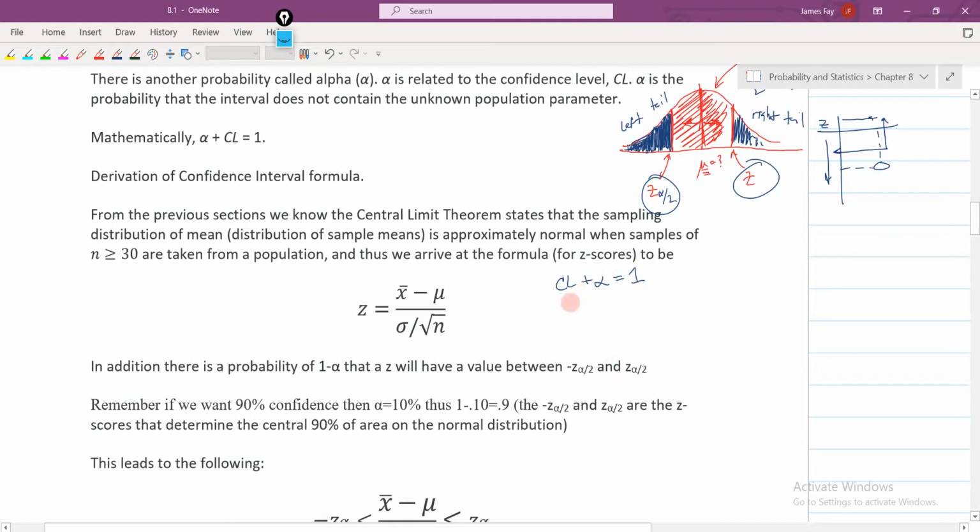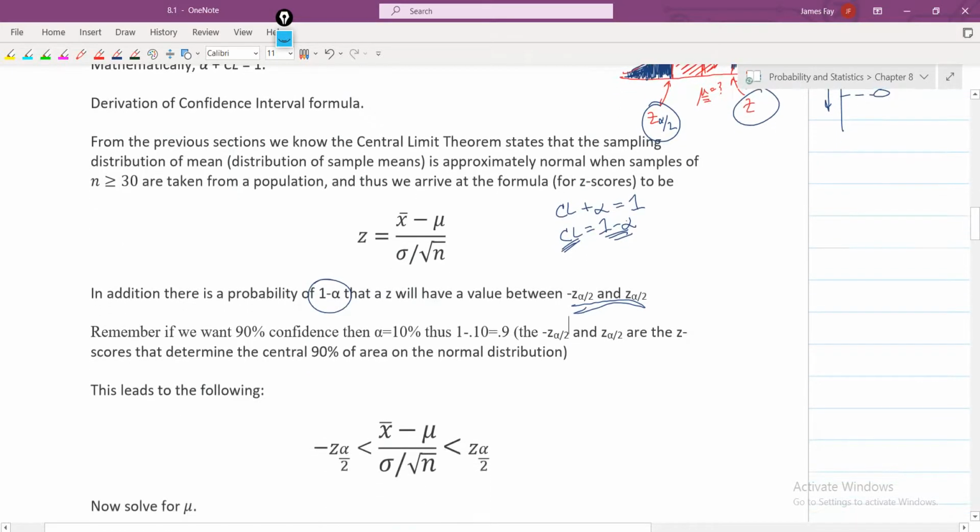So when I go confidence level equals 1 minus alpha, that 1 minus alpha is that thing right there. So if my confidence level is 90%, 95%, 99%, we're saying that that 90%, 95%, 99% are going to occur between these two values, which you're seeing up here in this image. It says, remember, if we want 90% confidence, then alpha is 10%. Thus, 1 minus 10% is 90%.